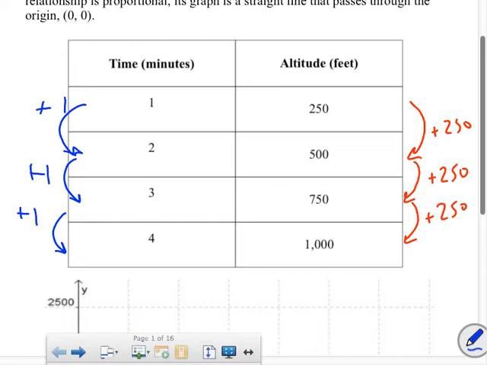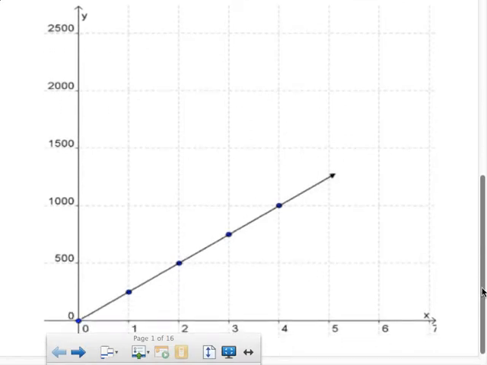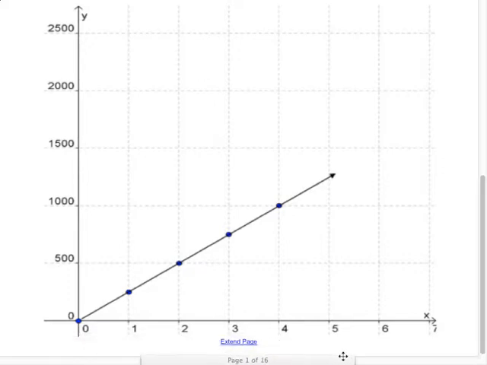Okay, so we're going to graph this, and this is what your graph should look like. Now something I want you to recognize, my graph, if you notice, it goes to the origin, right? Do you guys remember from yesterday, does it matter what points I pick to calculate the slope?